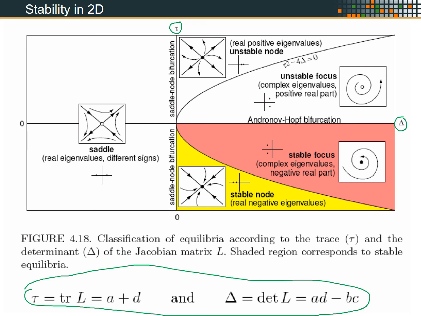If we do this, then we have regions for which we can compute the stability. We get these very nice boundaries here.